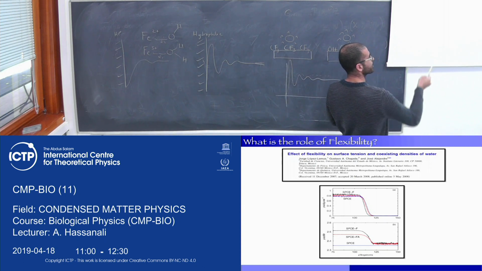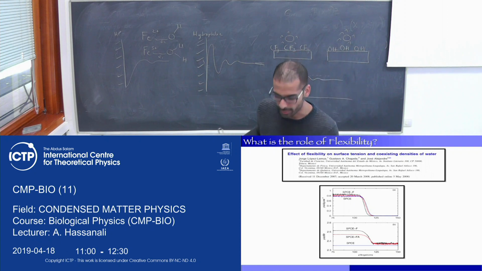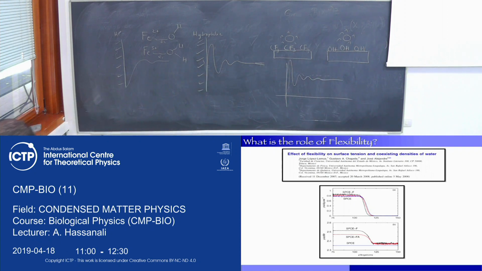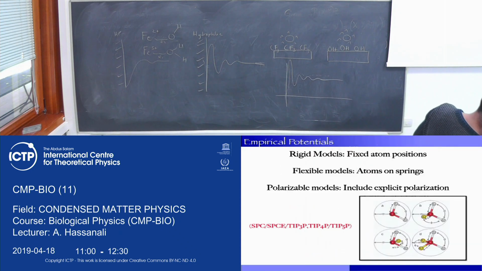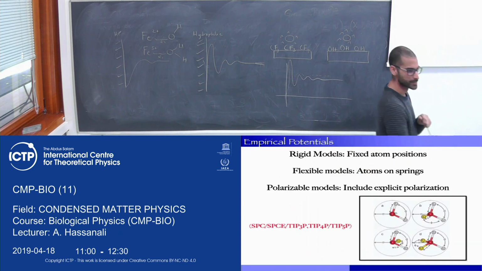So by making the bonds flexible, you can account, to some degree, for polarization. Okay. So in all these fixed point charge models, there's no polarization.